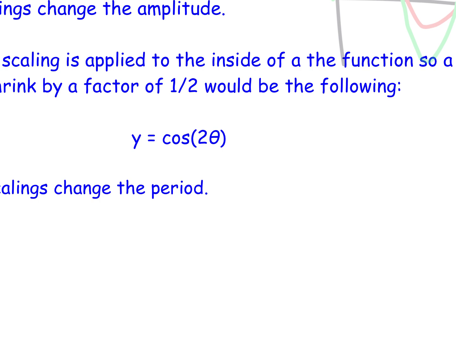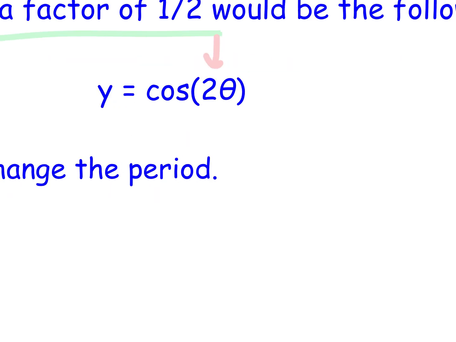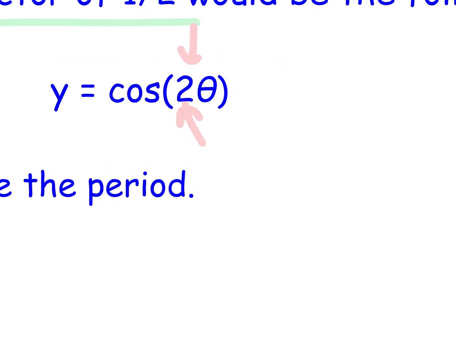They say a horizontal shrink of a half would actually be a 2. The way I would like to say that is, a 2 doesn't do what you would think. It makes it half as wide. Because the stuff on the inside is about horizontal, which is about wideness, but the 2 doesn't make it twice as wide, it makes it half as wide.